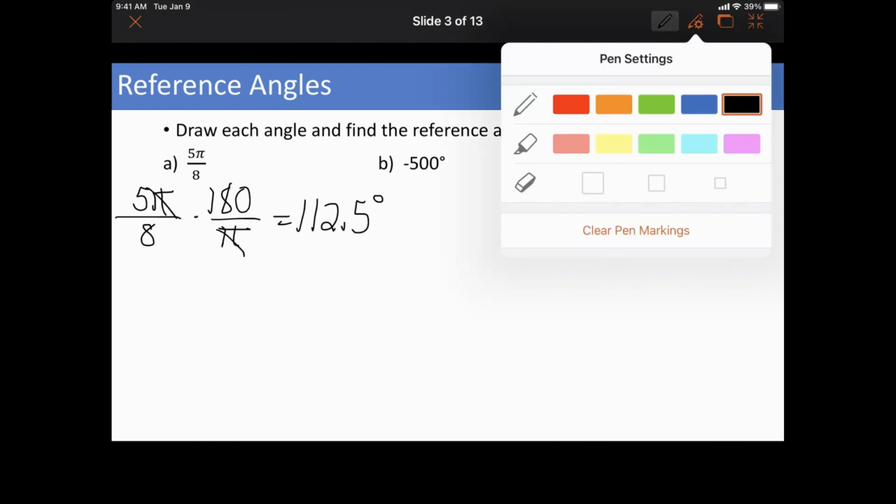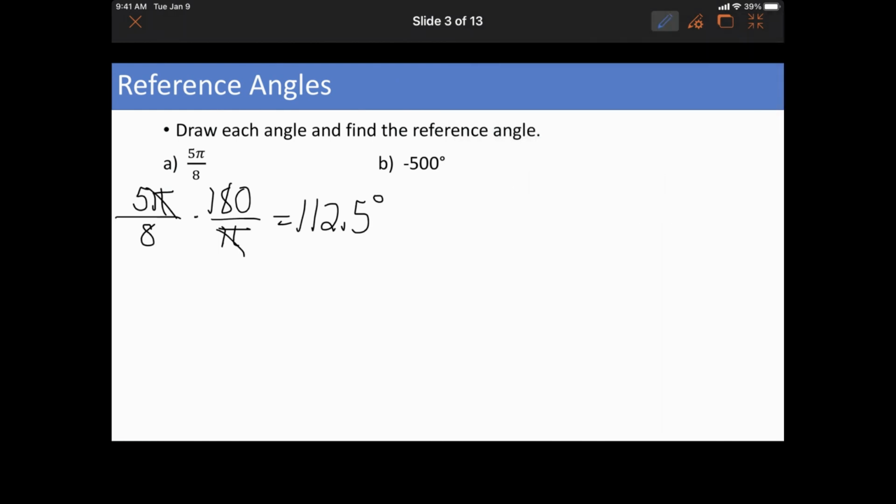So I'm going to draw just a simple x-axis. Yes, you're going to want to draw a diagram. It really helps to understand if you're adding, if you're subtracting, or if it's just the angle itself. So if we're over here, we know 112.5 is positive, so we're going this direction.